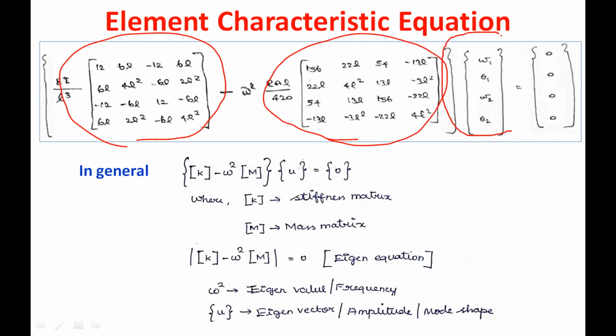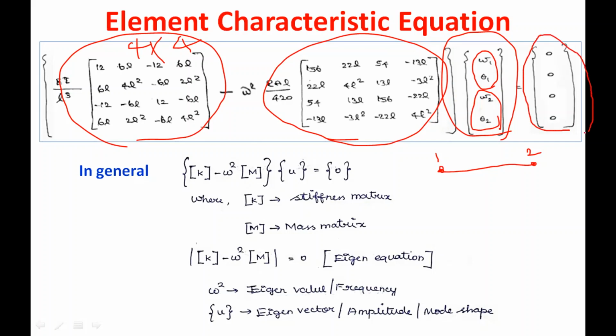So these are the degrees of freedom W1, theta 1, W2, theta 2 for the beam element, right? We are using a beam element with two end nodes. In node 1 we have W1, theta 1 degrees of freedom, and for node 2 we have W2, theta 2, so 4 degrees of freedom. That is why we are getting a 4 by 4 matrix for the stiffness as well as the mass matrix.